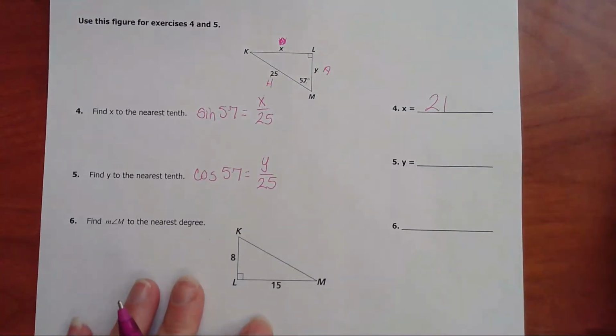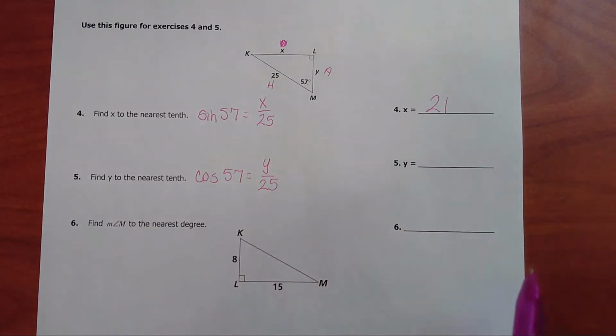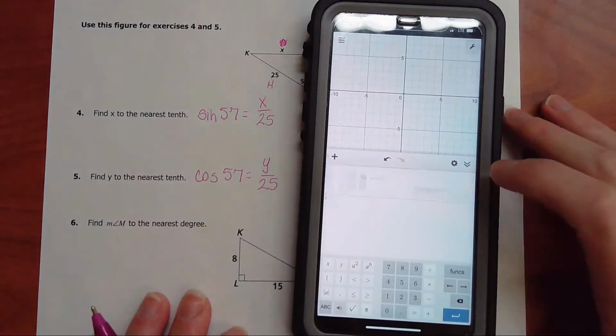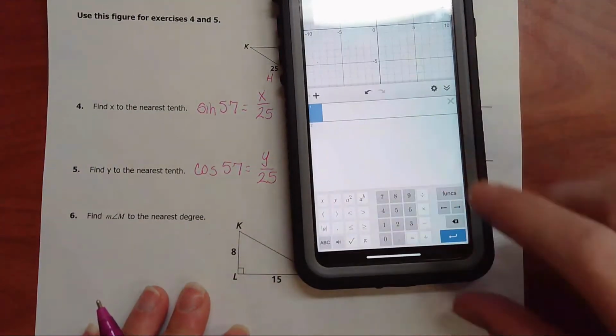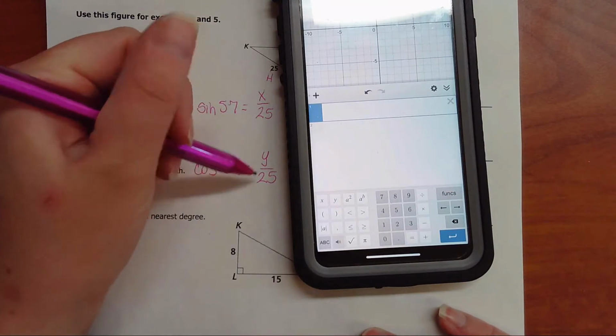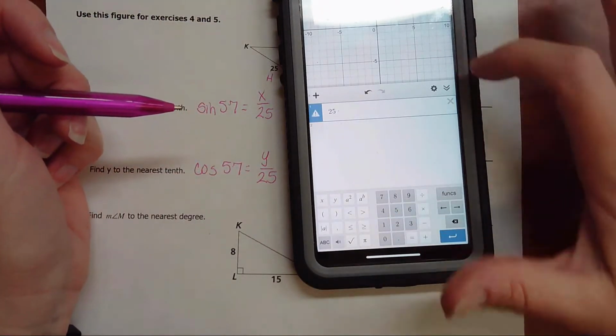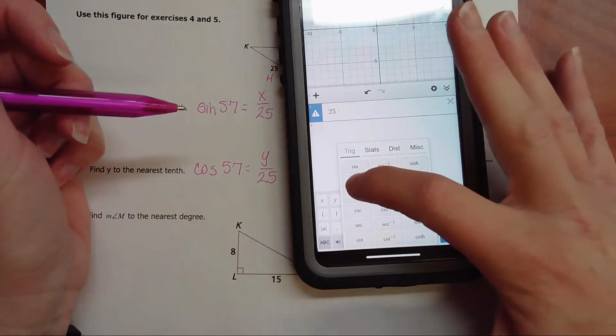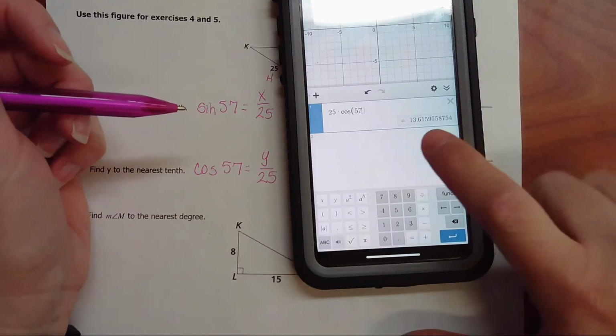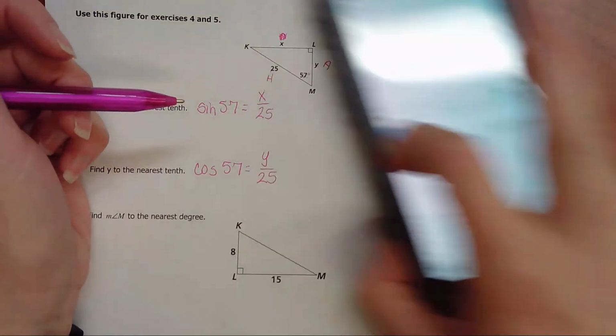So Y over 25. Since the Y is on top, I'm going to multiply. So 25 times function cosine 57. And I get 13.6.